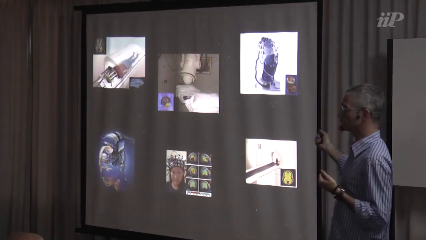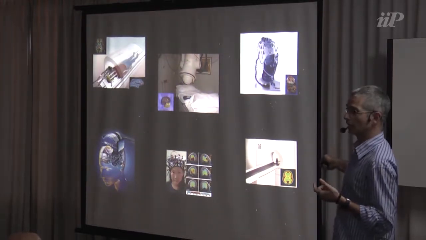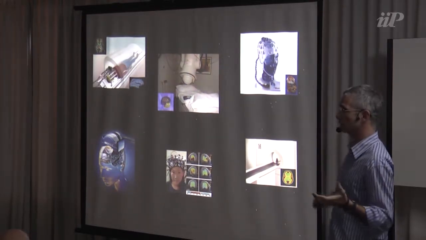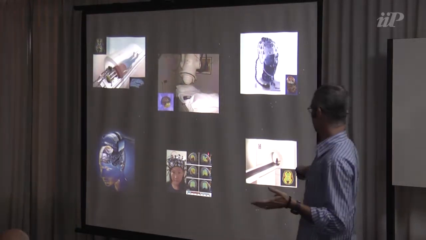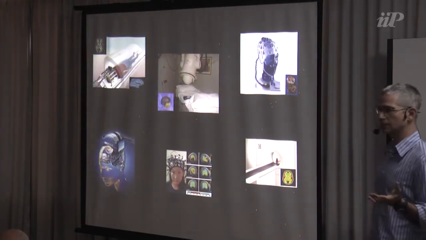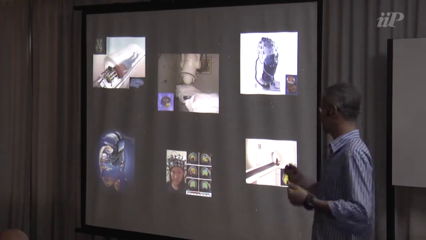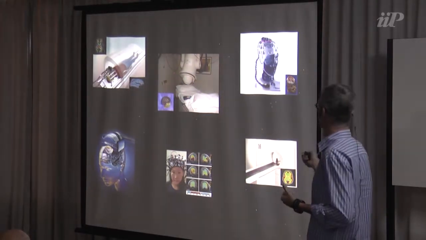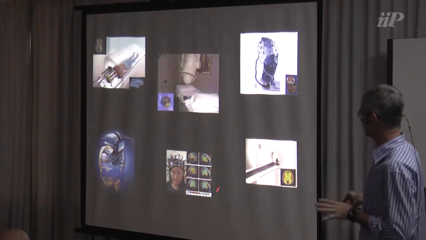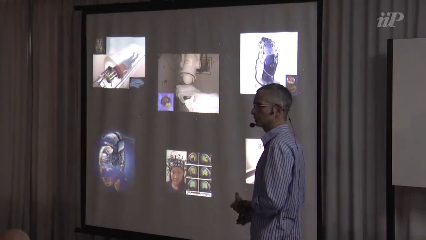If you compare that to an EEG, placing a 64-channel EEG system takes about 40 minutes. Placing a near-infrared system takes about 2 minutes. It moves with the head. It's not as sensitive to motion artifact as the EEG system is. So it's a really interesting technique if you're interested in working with kids.